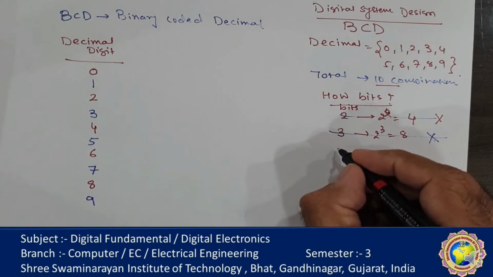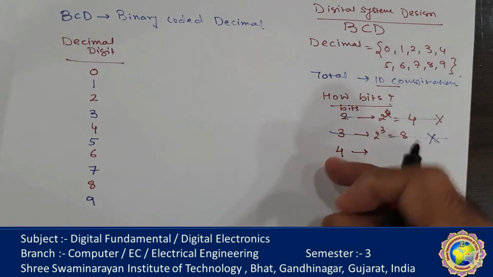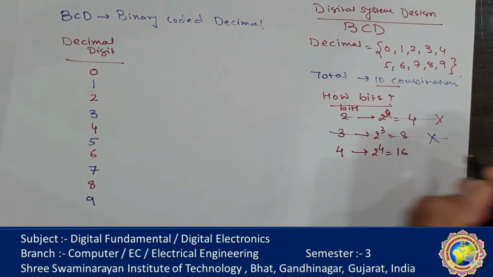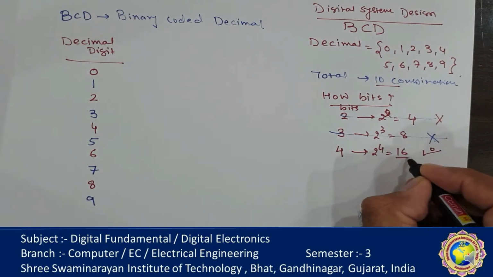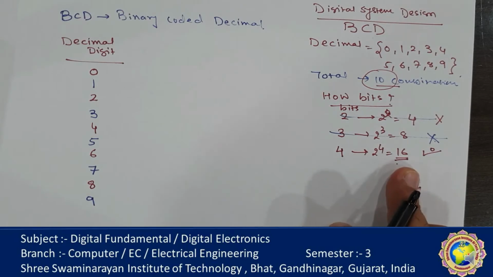Next only 4 is possible. Remember, 3.5 and 4.5 are not possible; directly we can add one signal. So 2 raised to 4, it will become 16. Yes, this is possible because our combination required is 10 and we can design 16 combinations.